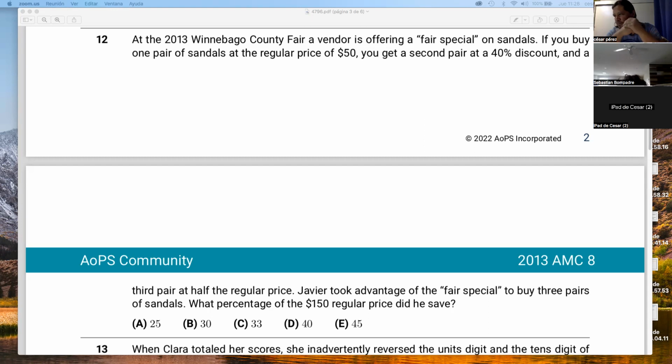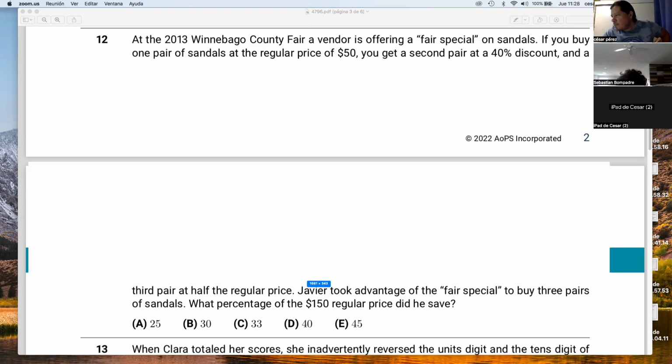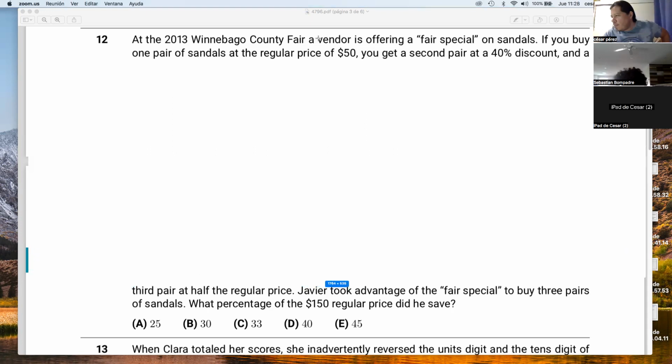No. Can you explain what you are doing? So I am calculating the percentage of the very special compared to discount if you get 3 sandals for $150.